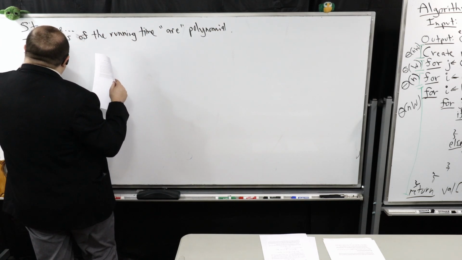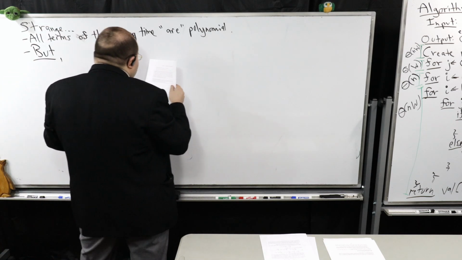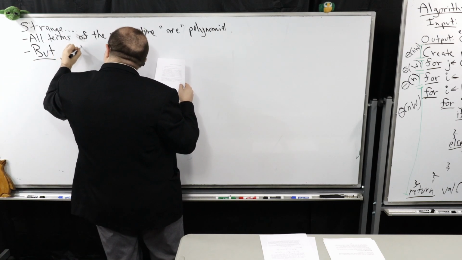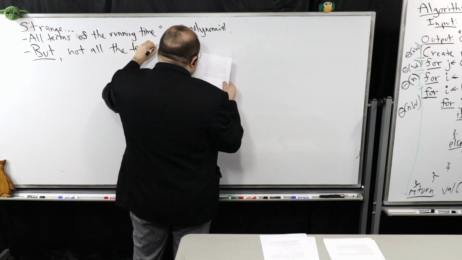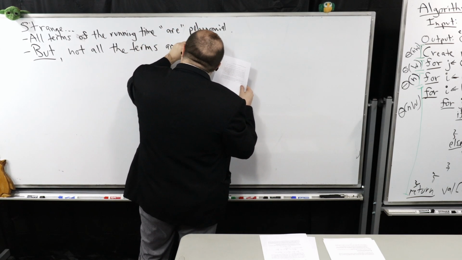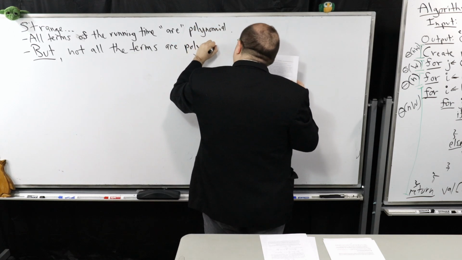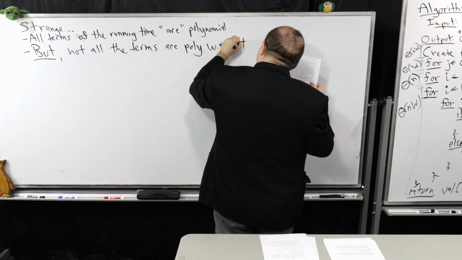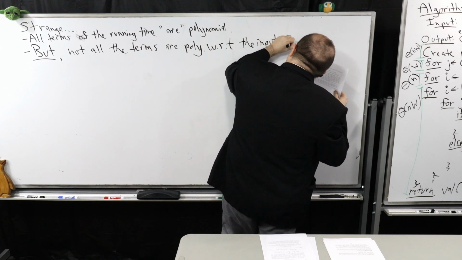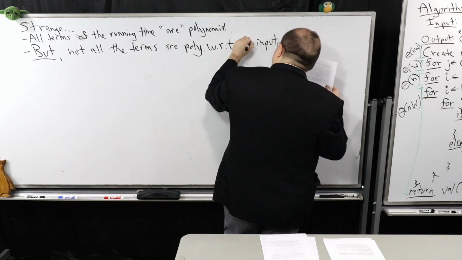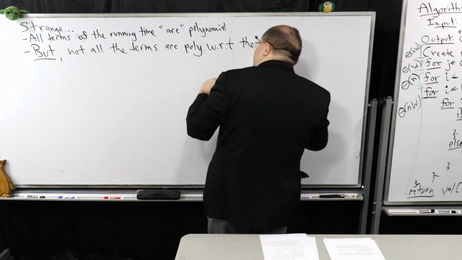But, this is the big but. Not all the terms are polynomial with respect to the input size. There's that thing we talked about, the input size, right? That's how we normally characterize our discussions around complexity, right?